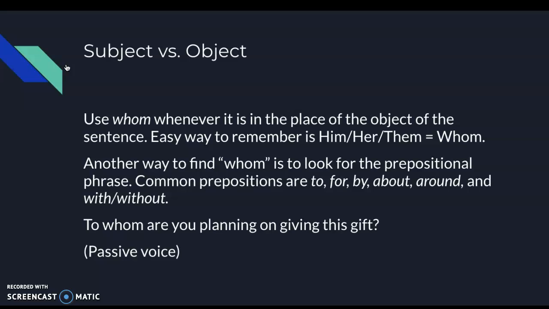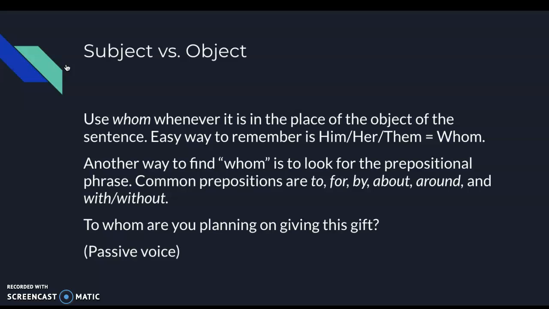And with that, you could answer, I am planning on giving this gift to him. So now we see that whom and him are, since they're both objects, more or less interchangeable. So hopefully this helps clear some of it up. Just think who is subject, whom is object. If there's a preposition, it's going to be whom.